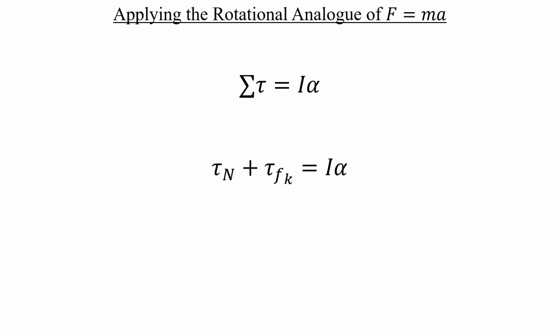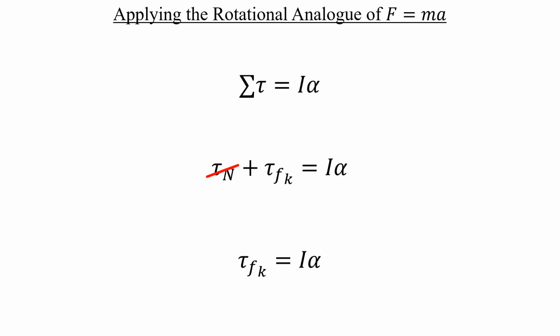We also saw that since the line of action for the normal force goes through the axis of rotation, the lever arm length for that force is 0, which implies that the torque due to the normal force is also 0. So we can just get rid of that term, and our sum of torques expression is really just one torque that's equal to I alpha.